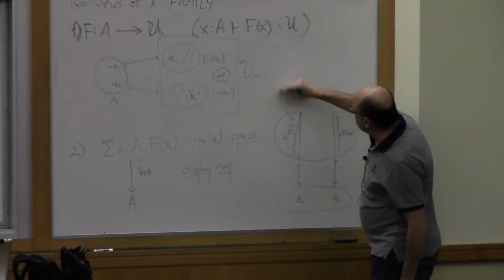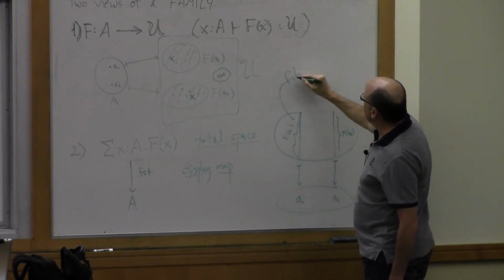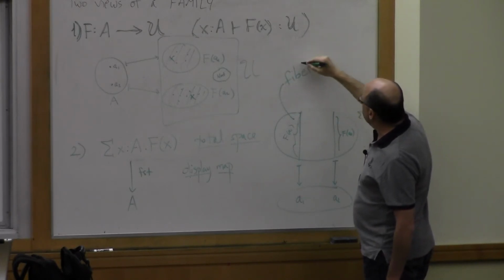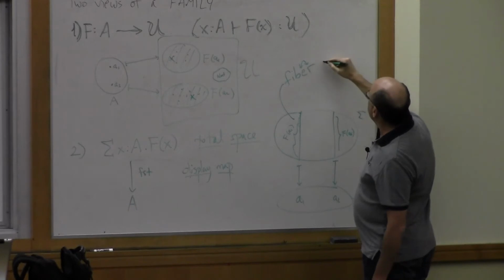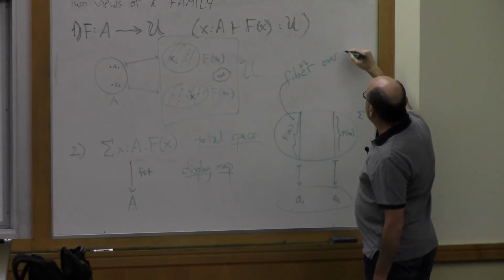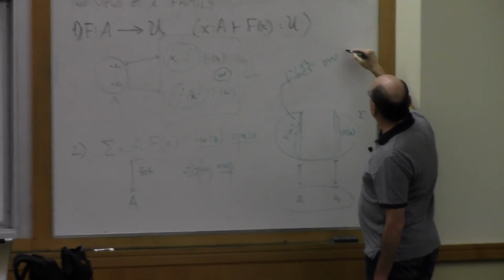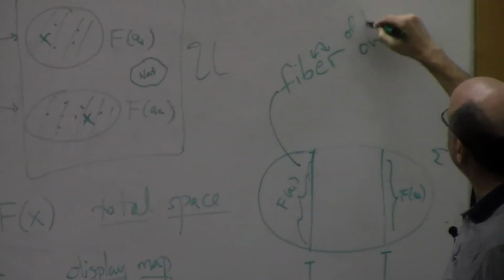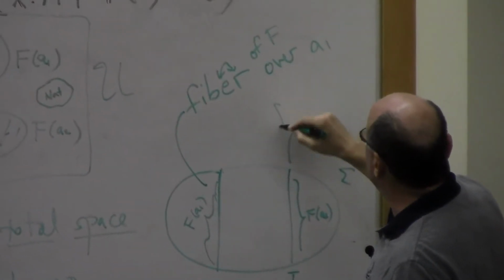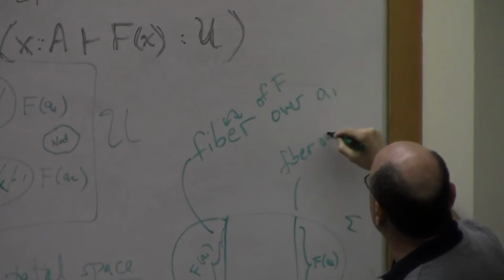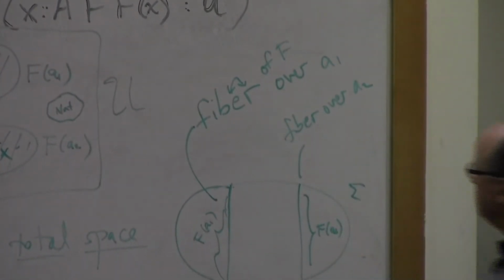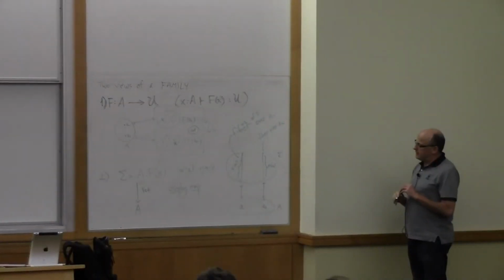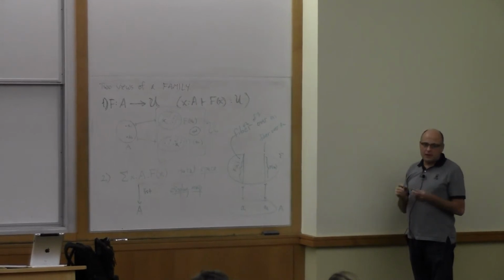The terminology, depending on whether you're British or not, is the fiber of F over A1. And this is the fiber over A2. Okay? So that's the idea.